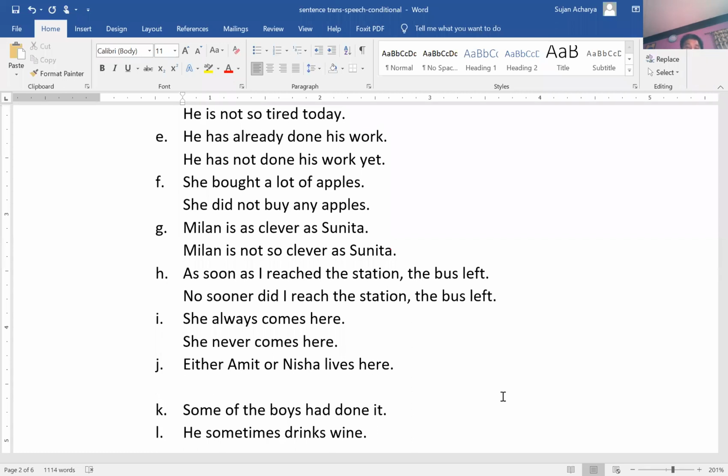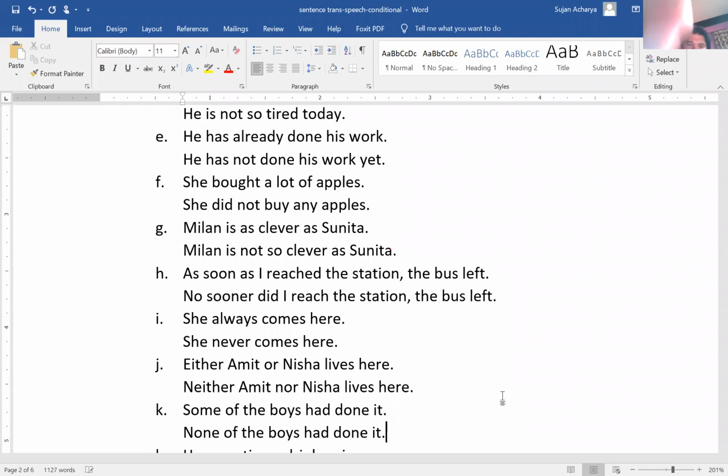Either Amit or Nisha lives here. Neither Amit nor Nisha lives here. Some of the boys had done it. None, N-O-N-E. None of the boys had done it.